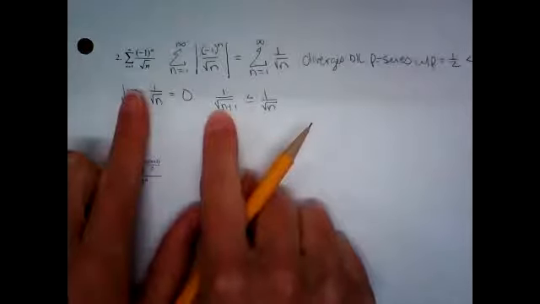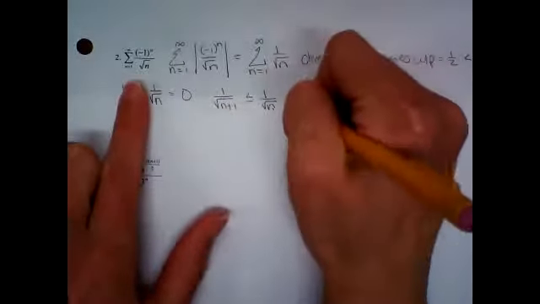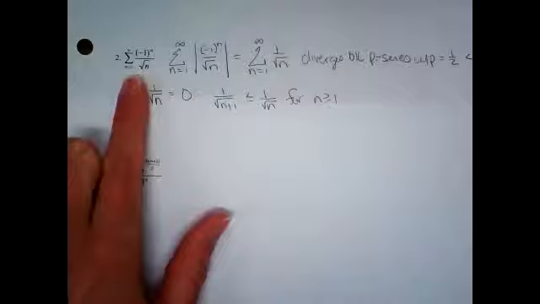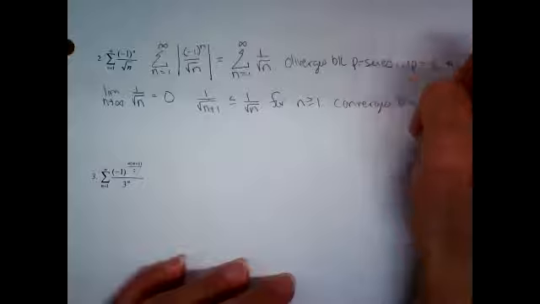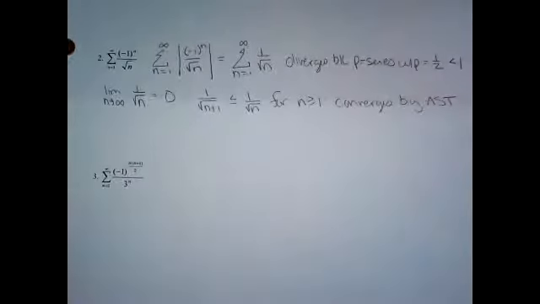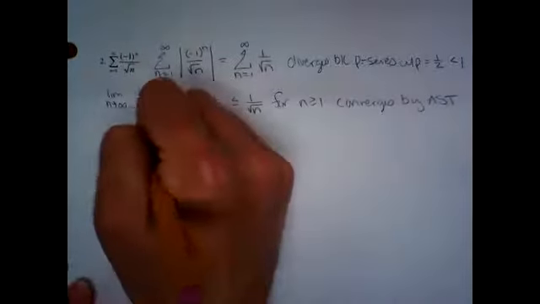Perfect, the bigger denominator is the smaller fraction. So this is true for n starting at 1. So we will conclude that that series converges by the alternating series test. And so our big conclusion for the whole problem is that this series converges conditionally.